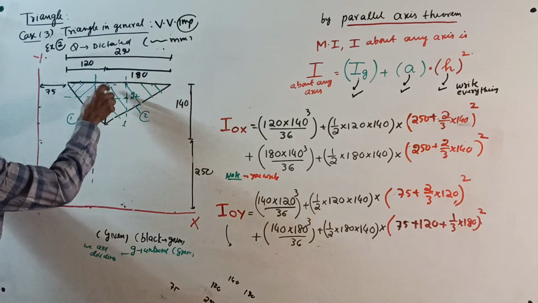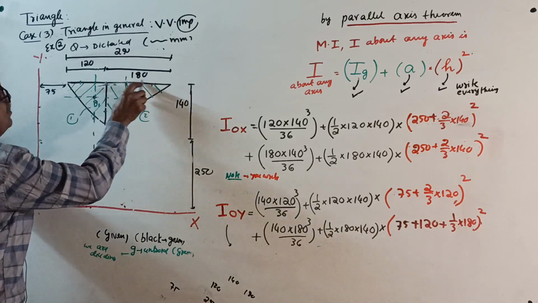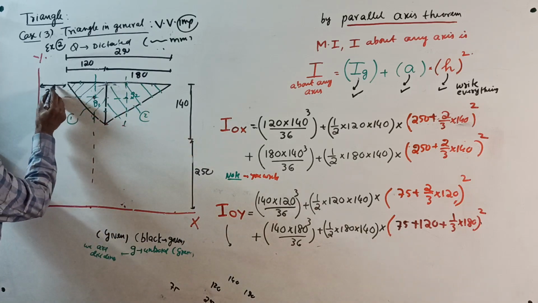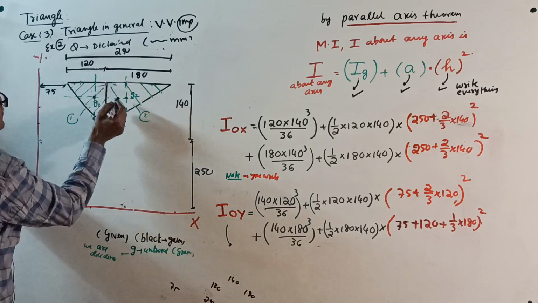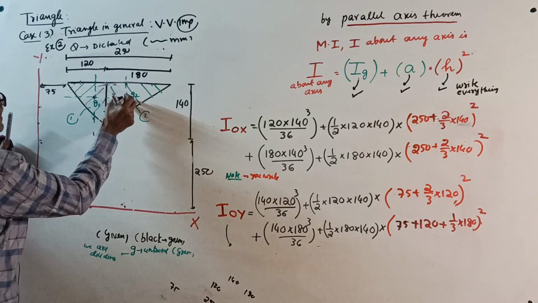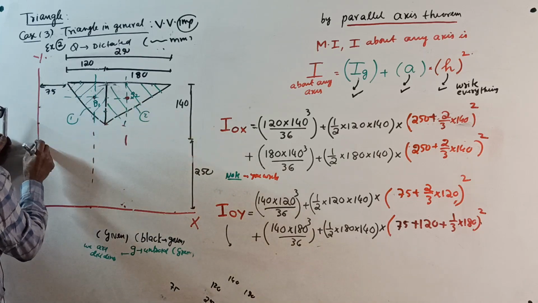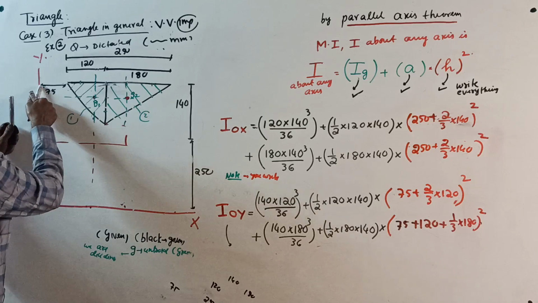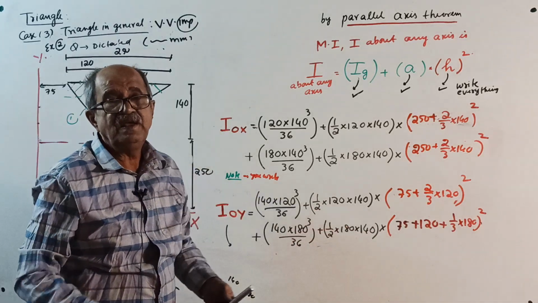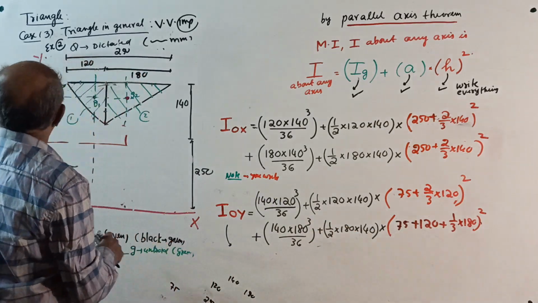For this axis, parallel side is 140. 140 into 180 cube by 36 plus area into 75 plus 120. See, from centroid here, from here to here, this distance square is 75 plus 120 plus 1/3 of 180 whole square. This is the example 2.